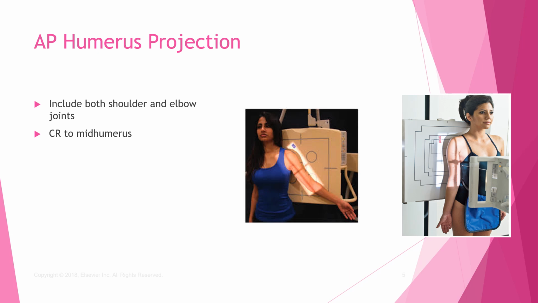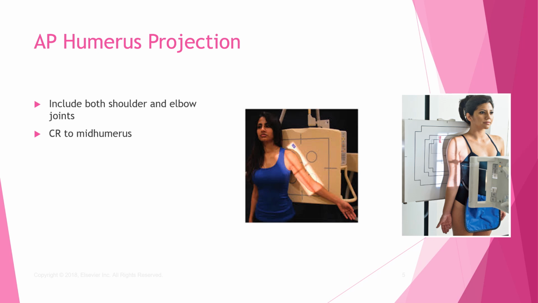The patient can either stand, which is easier on them, or if they're not able, they can lie down, but that puts more pressure on the humerus because you've got the weight of the arm on the table, which sometimes can be uncomfortable. But if they stand, then gravity kind of helps, and it's not as uncomfortable for the patient to stand for these images.